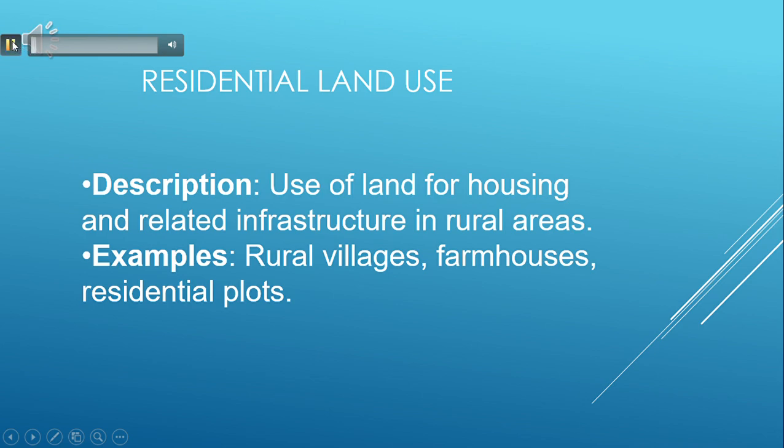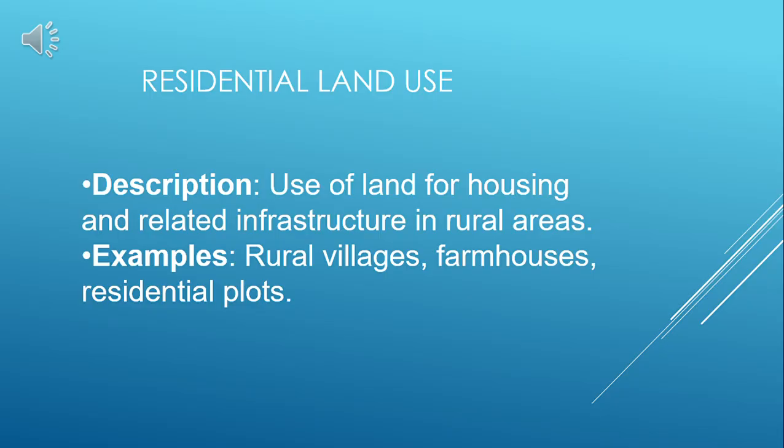Third type is residential land use. What is residential land use? The land which is used for residential purposes is called residential land use. It is the use of land for housing and related infrastructure in rural areas. Examples: rural villages, farmhouses and residential plots.